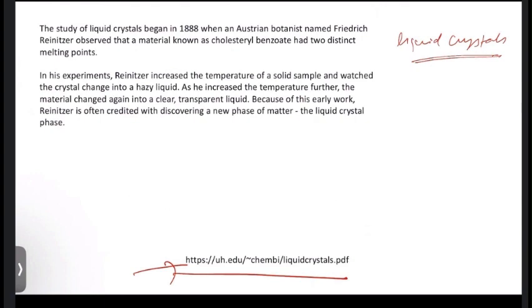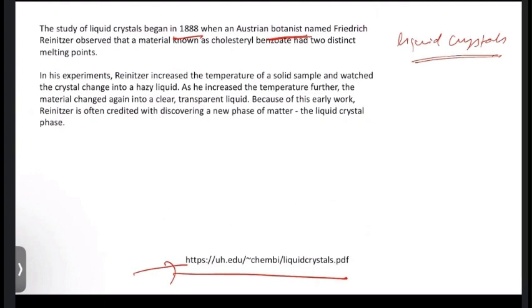The study of liquid crystals began in 1888 when an Australian botanist, botanists are those scientists who work on plants, flora and fauna, named Friedrich Reinitzer, observed that a material known as cholesteryl benzoate had two distinct melting points.